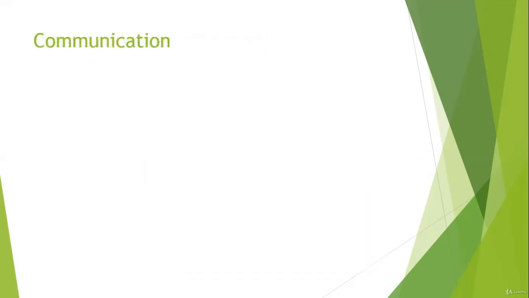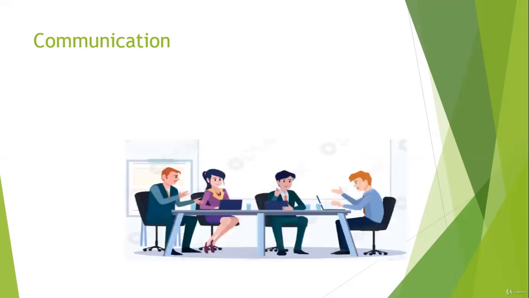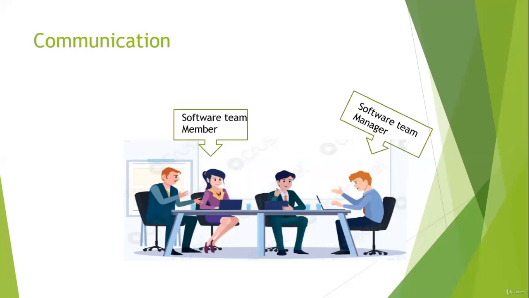First phase is the communication phase. The software development process starts with the communication phase. In this phase, the user and the developer sit together and discuss to collect the user requirements so that the developer gets a clear idea about what to do.